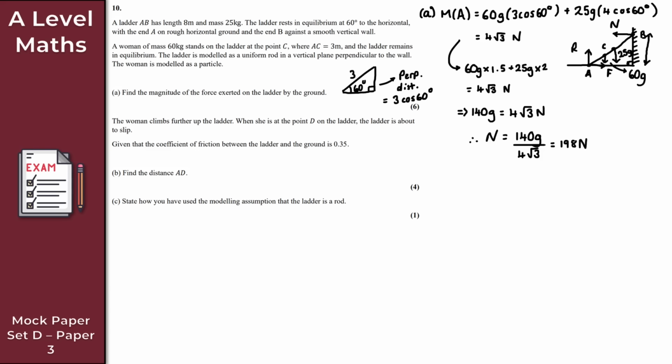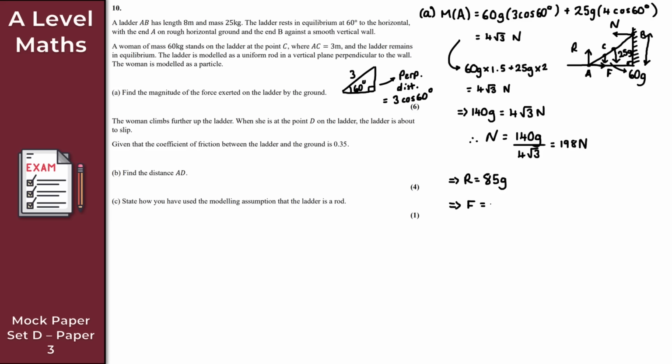What I also know is R is going to be equal to 85g, because forces acting up equal forces acting down. I've got 25g and 60g acting downwards, so R is 85g as well. And if you resolve horizontally, F is equal to N.